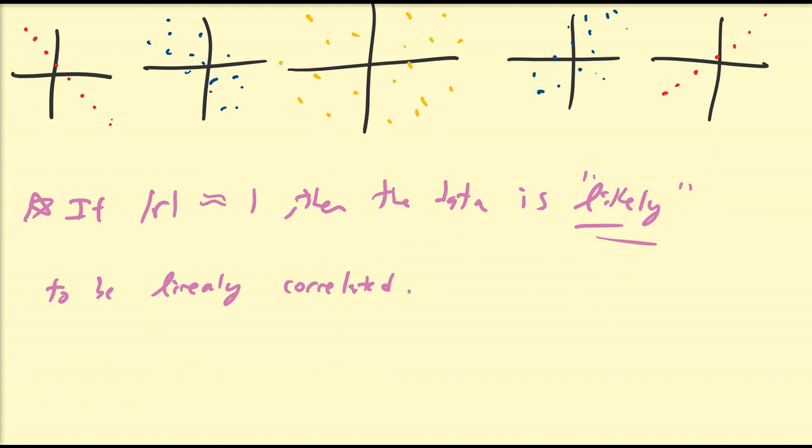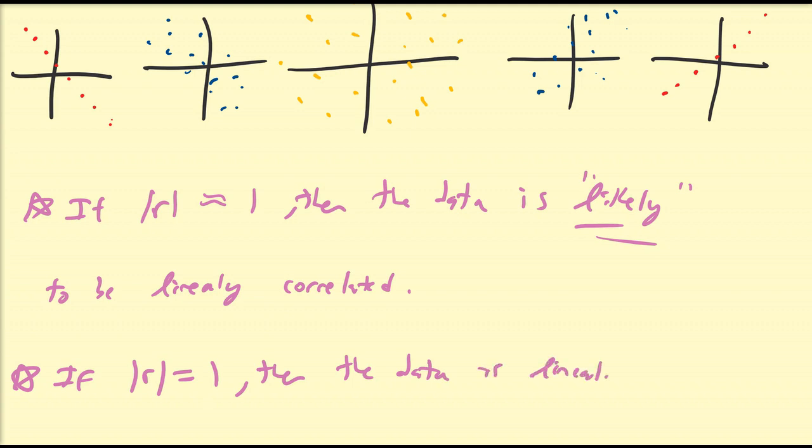Also, if the absolute value of r is not close to 1, that does not necessarily mean that it's not linearly correlated. But if the absolute value of r is exactly equal to 1, then the data is linearly correlated. We'll investigate this likely portion a little bit later.